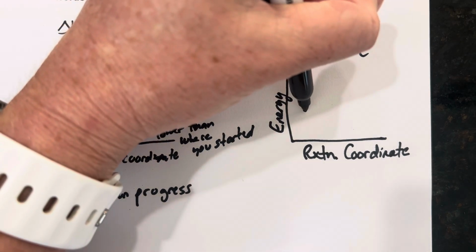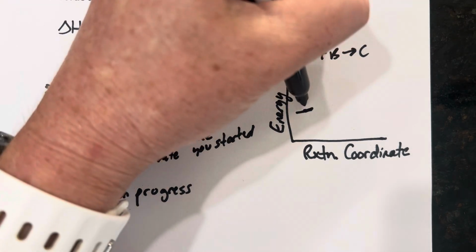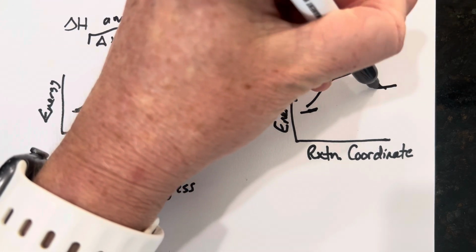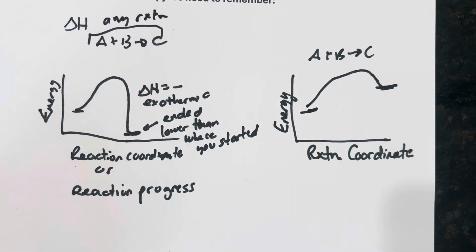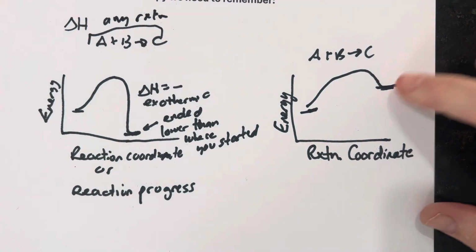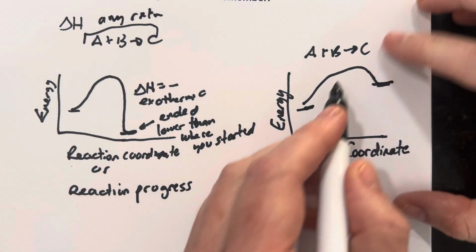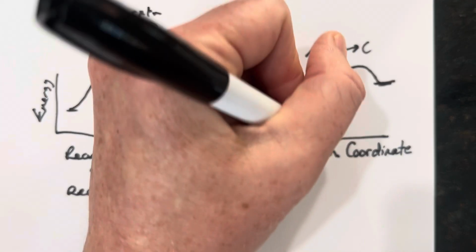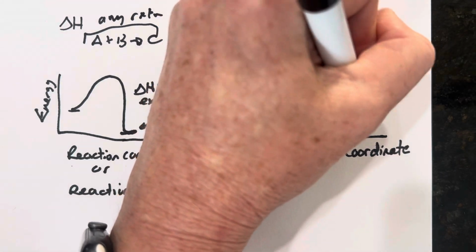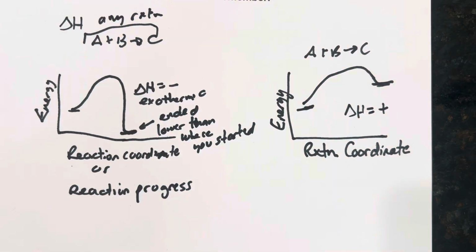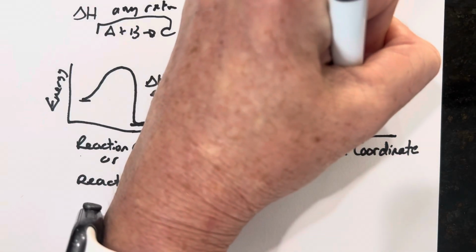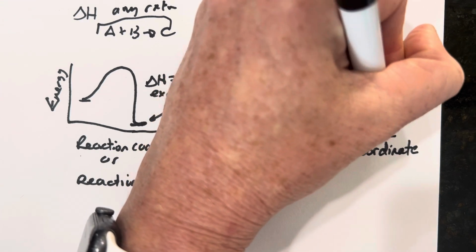If there's a reaction that starts here and ends up higher in the reaction diagram, up here, that means it took heat in. This would be a delta H equals positive. In other words, an endothermic reaction.